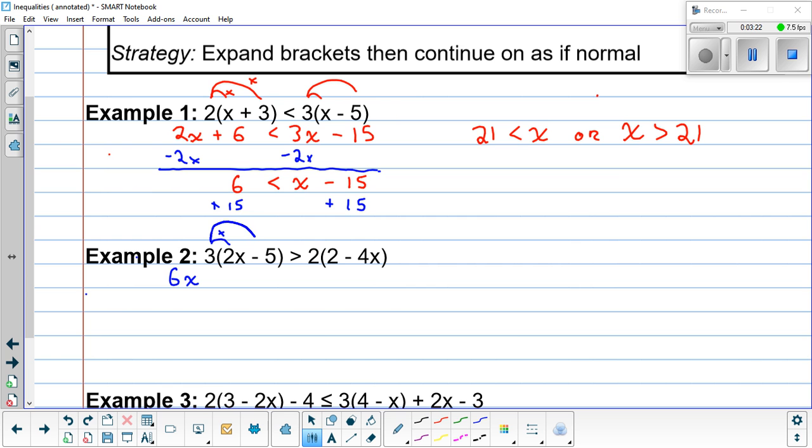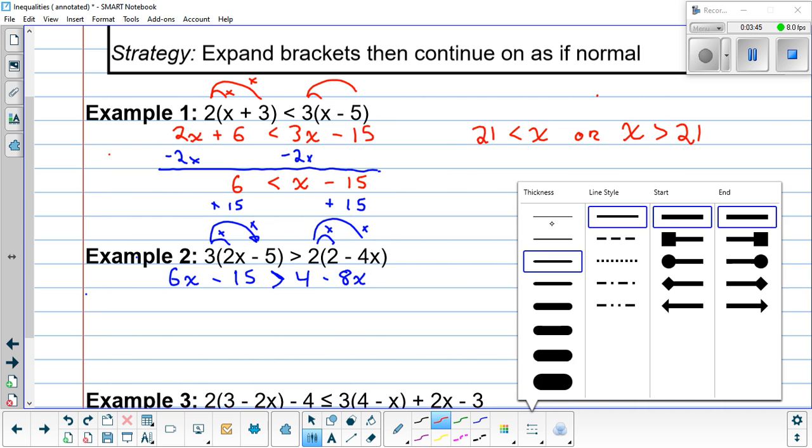Then we're going to do 3 times negative 5, so that is negative 15. Copy the sign, which is a greater than. And then 2 times 4 is 8, and 2 times negative 4 is negative 8. And then we have this x.